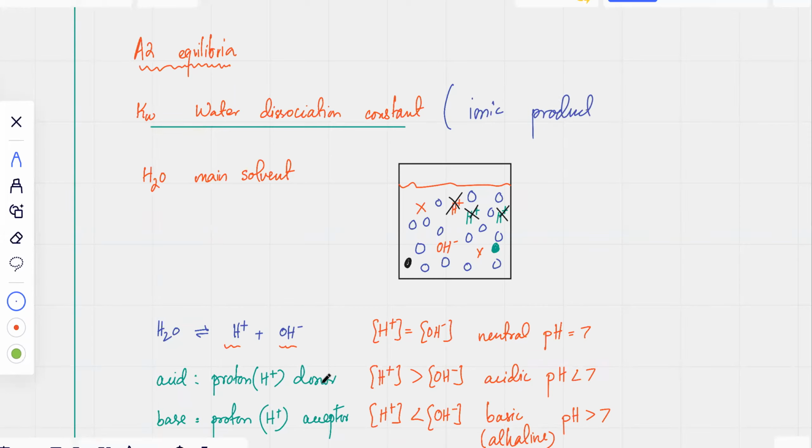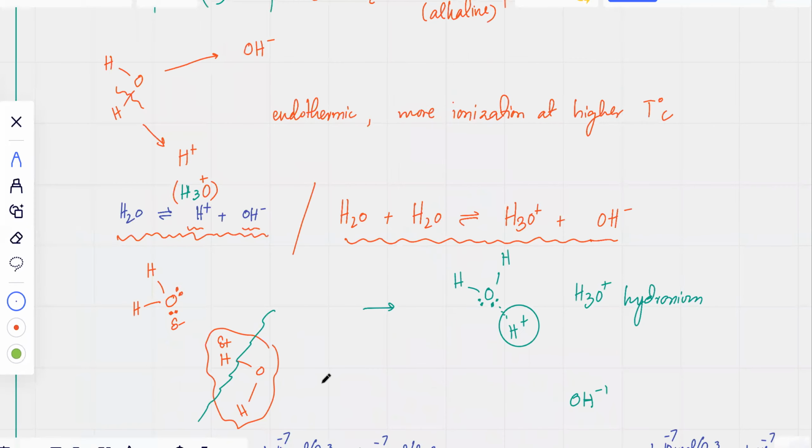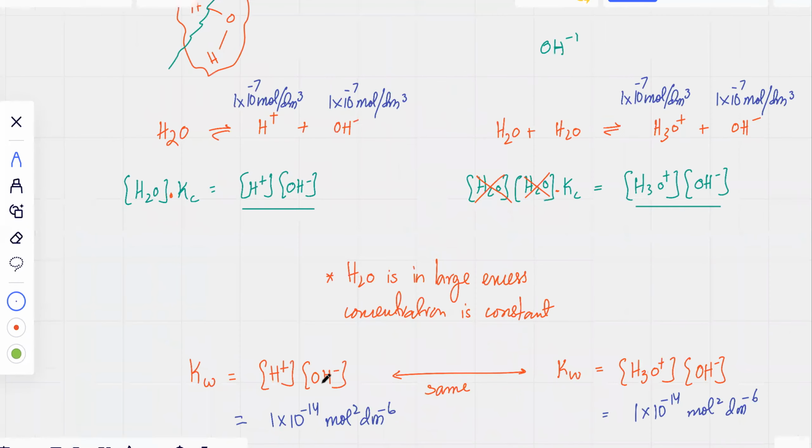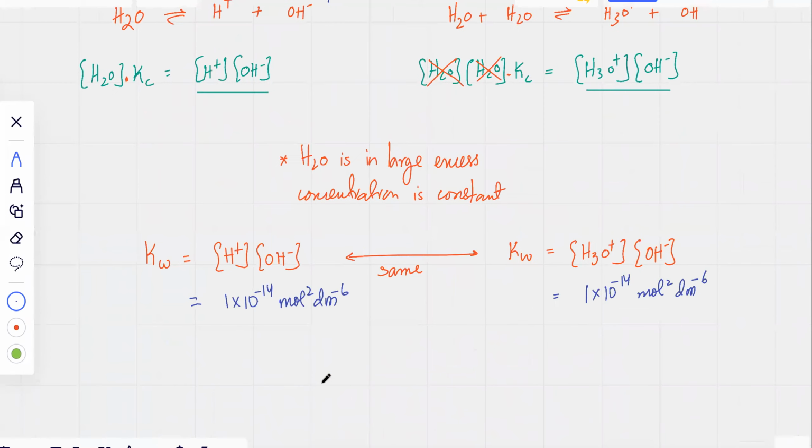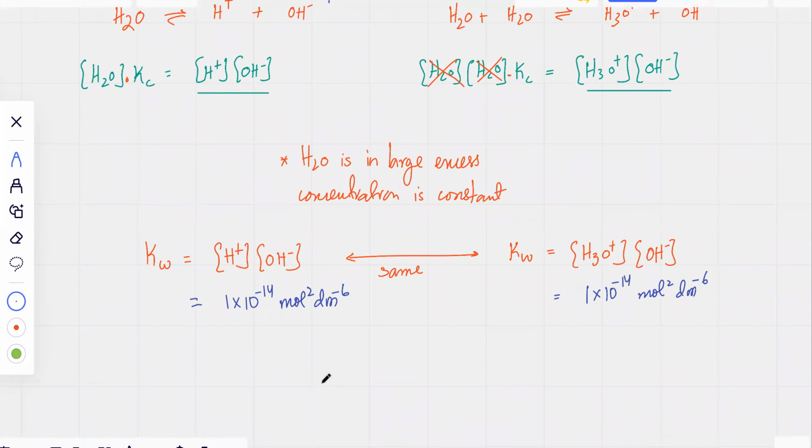It's the product of its ions. Water dissociates and produces H+1 ions and OH- ions. So it's basically the Kc of water ionizing. The concentration of water is taken as 1, so you don't write water in the expression. And this is what you get.